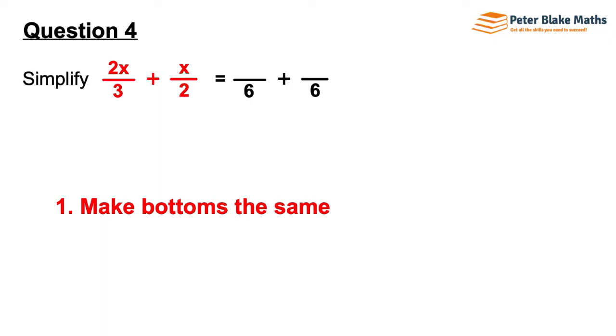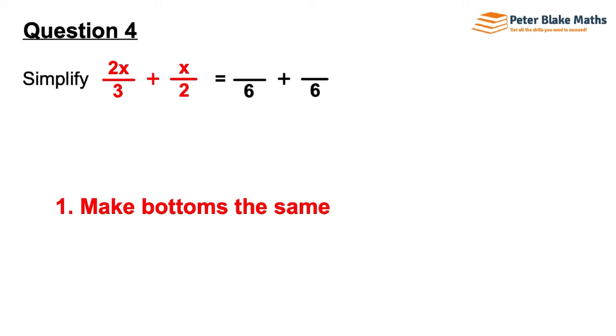And 3 and 2 both go into 6. We can get an appropriate bottom number for this scenario by multiplying the original bottom numbers in the question. So if we multiply 3 times 2 and make 6, and make that our new bottom, then we can be confident that 3 and 2 can both go into it, because we made the 6 by using the 3 and the 2. So let's put 6 like that underneath each.